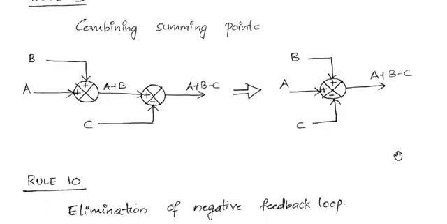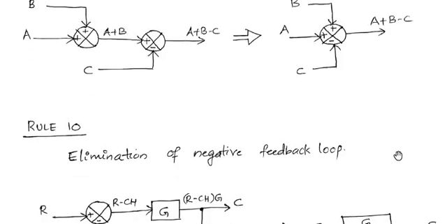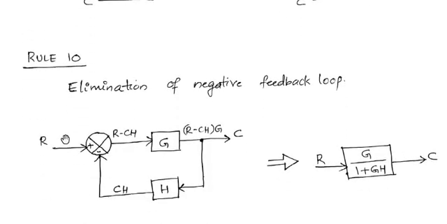Okay. Rule number 10, elimination of negative feedback loop. This is one that we have discussed earlier while explaining the effects of feedback. This one. Okay, we have a summing point over here, and we have a block with gain G in the forward path, and here, if you look at the direction of signal flow, you can see that this is the output side.